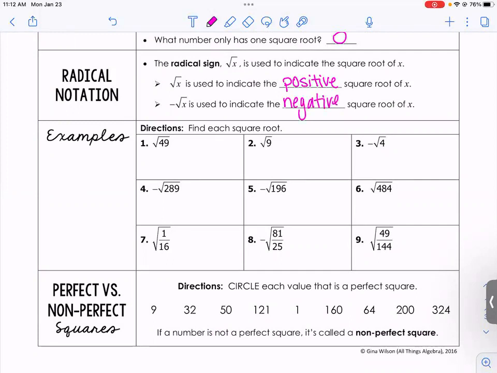We could have a positive, we could have a negative, and it'll always give you whether there's a negative on the outside of it or not. So if I gave you the square root of -4, that does not have an answer. But this one has a negative on the outside, that's cool. So whatever that equals.